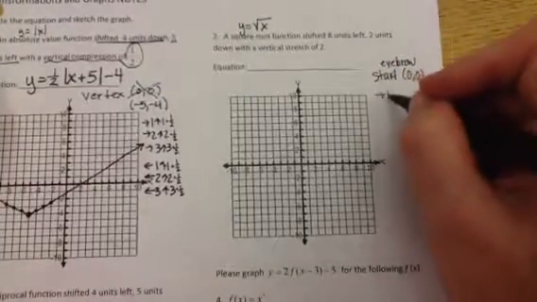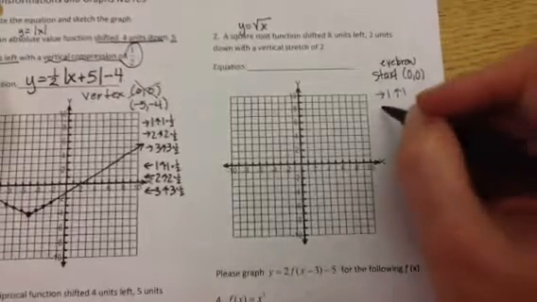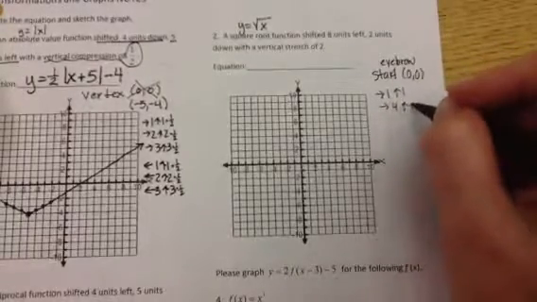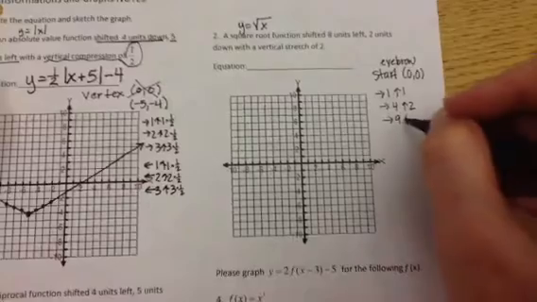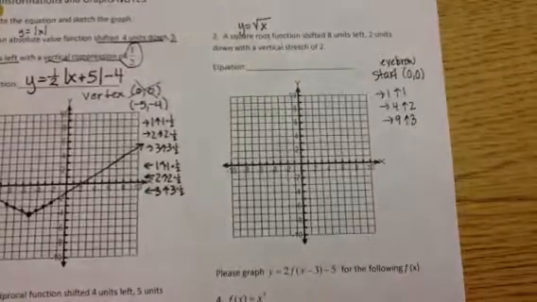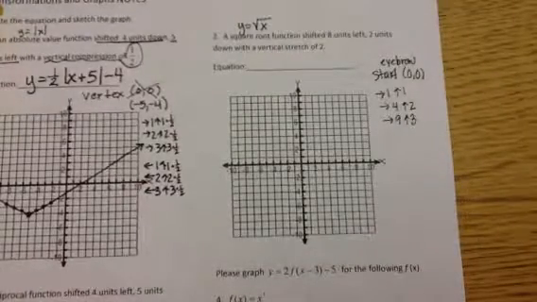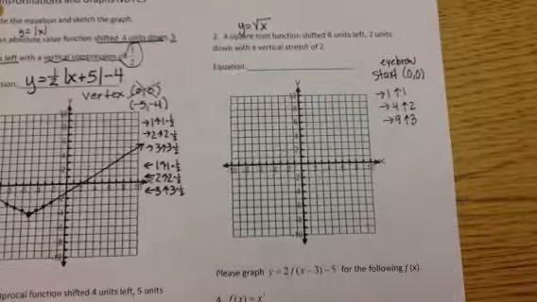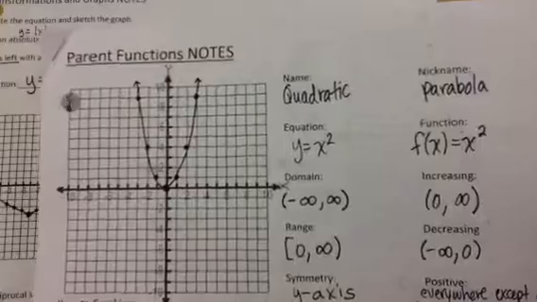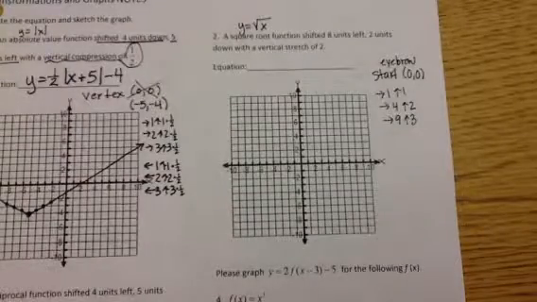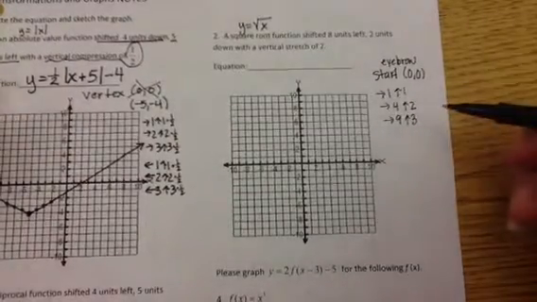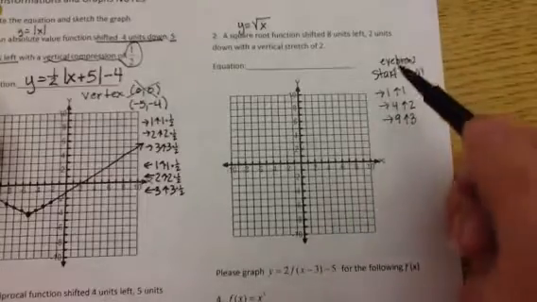And I move over 1, up 1, over 4, up 2, over 9, up 3. Until you get used to what these parent functions look like, I suggest keeping your parent function packet that has all those parent function notes handy so that you can use your keys to graphing as you start each of these. Now let's look at our transformations.